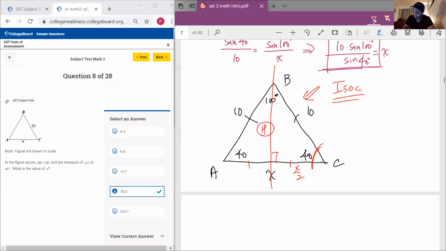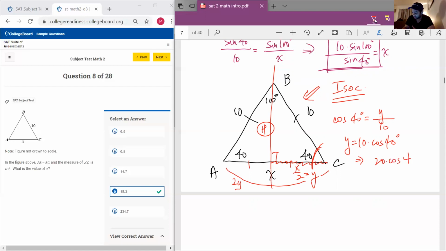So given this 40, we can say cosine of 40 degrees is, what I'm going to call this Y, this segment over 10. Y is 10 times cosine of 40 degrees, and then double it because we're dealing with this segment, which is 2y. So it's going to be 20 times cosine of 40 degrees.